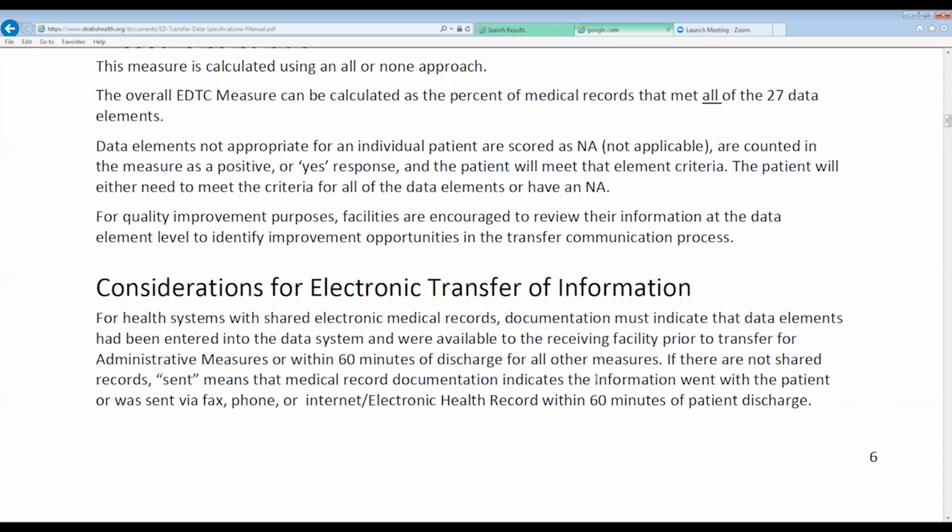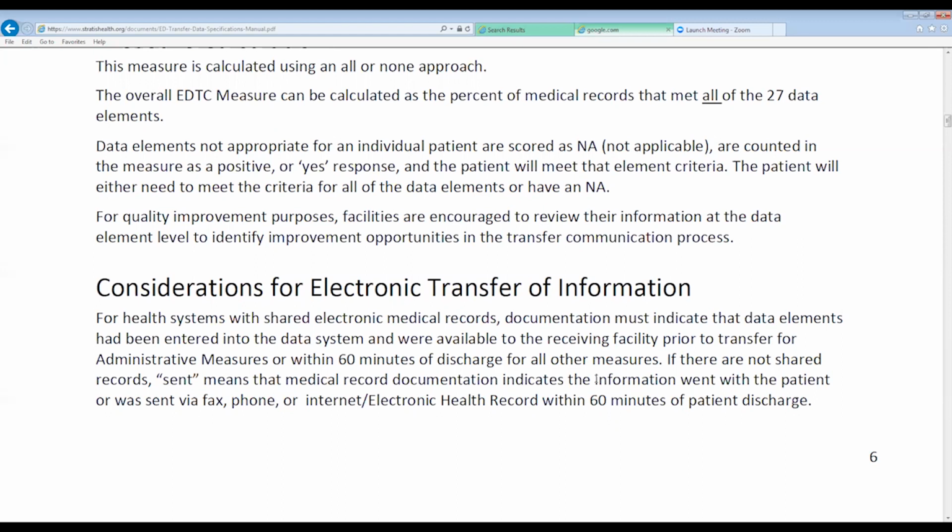other measures. So again, it isn't enough just to say, oh, we have a shared record, we have a shared EHR. Because what we found out is it doesn't always mean that the minute someone is entering data in your facility, it is automatically able to be seen in the other facility.